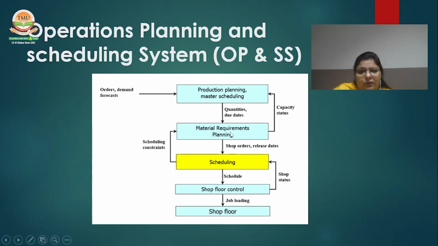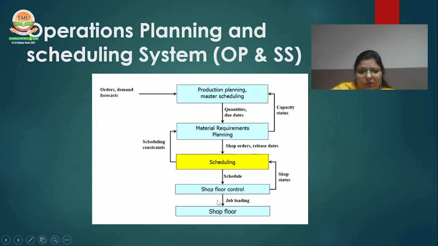After that we do material requirement planning, a proper flow chart of your operational system. After the material planning you will do scheduling, and after the scheduling you will do shop floor control.